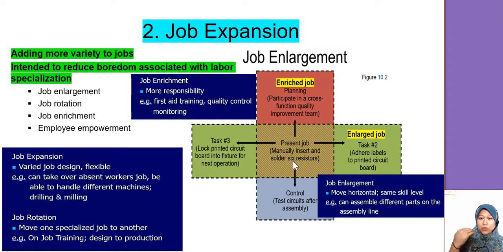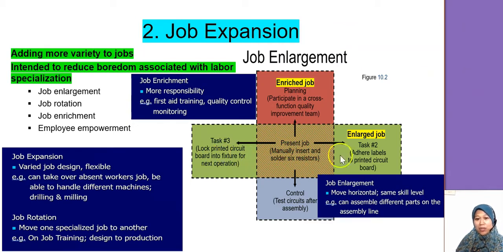So they are going to enlarge horizontally. Maybe they add one more task of putting the label on the PC board, and they can also introduce another task before the soldering process, maybe locking the printed circuit board on the fixture. So this worker has 3 tasks that he can do at once.